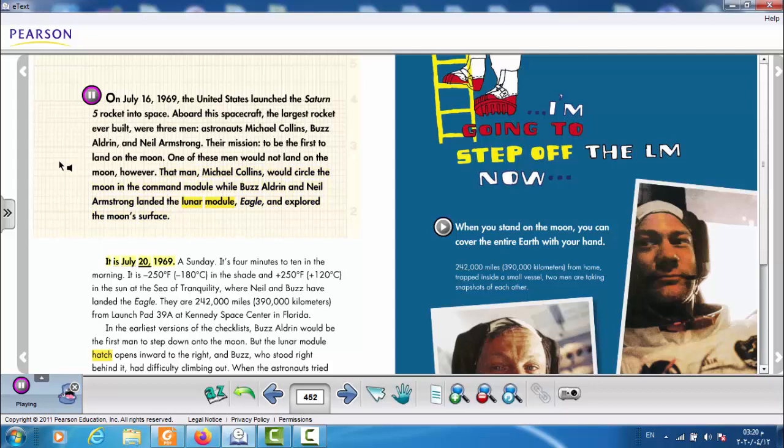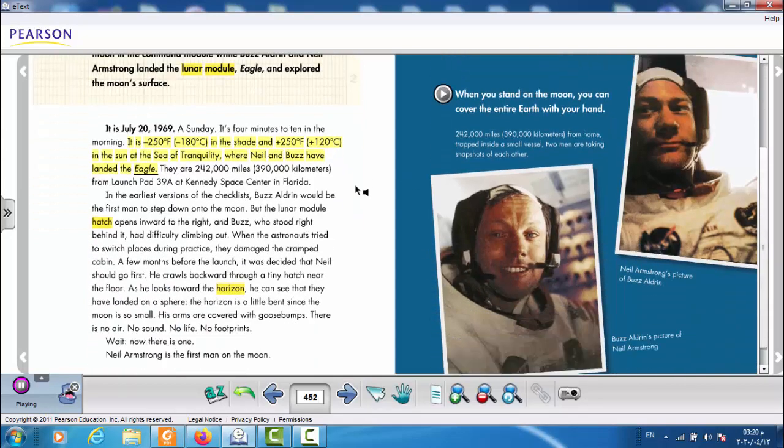It is July 20th, 1969, a Sunday. It's 4 minutes to 10 in the morning. It is minus 250 degrees Fahrenheit, minus 180 degrees Celsius in the shade, and plus 250 degrees Fahrenheit, plus 120 degrees Celsius in the sun at the Sea of Tranquility, where Neil and Buzz have landed the Eagle.